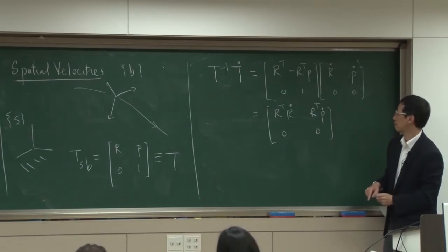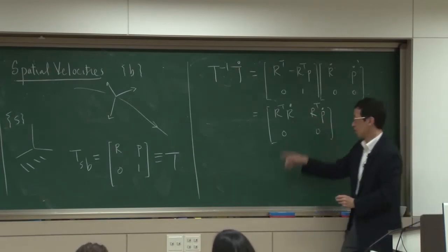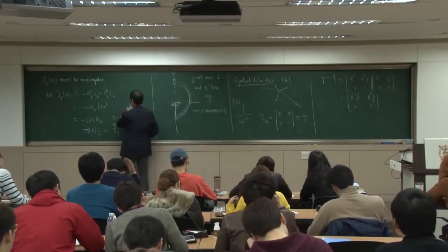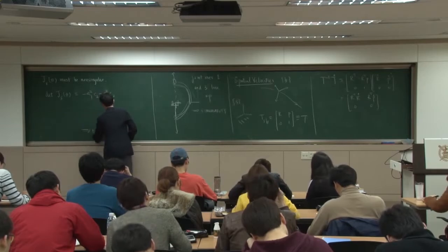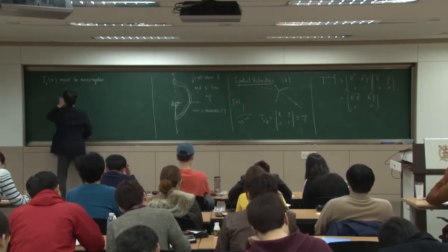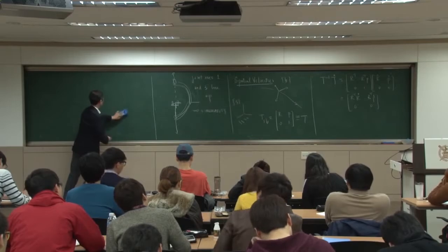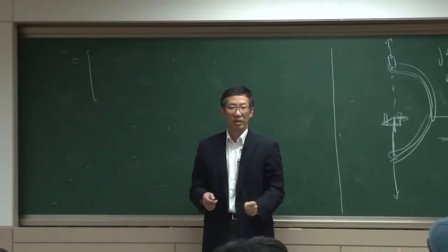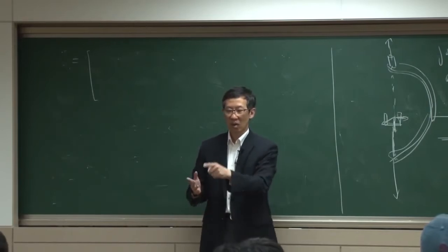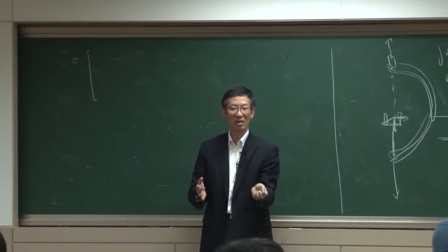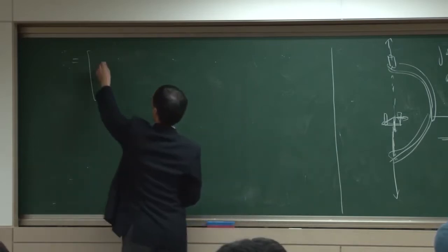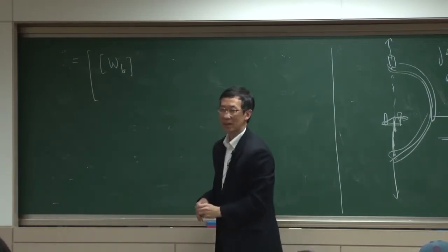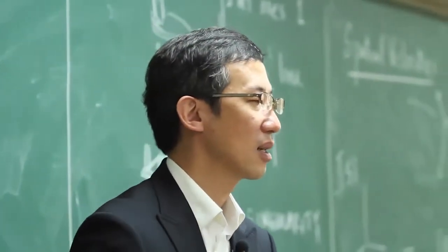What's that? That equals R transpose R dot. Flip back 2 pages, check your notes. What was it? Omega B. Then R transpose P dot.